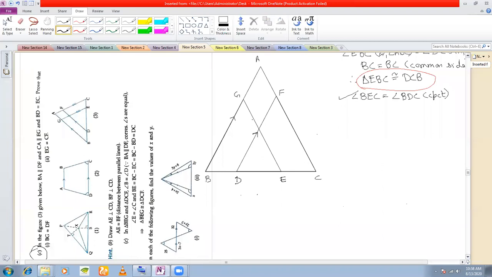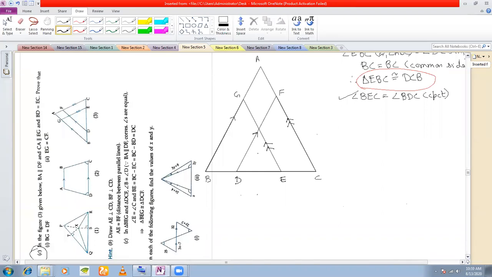And also CA parallel to EG. CA, that means this side, is given to be parallel to EG, this side. Okay. And what else?